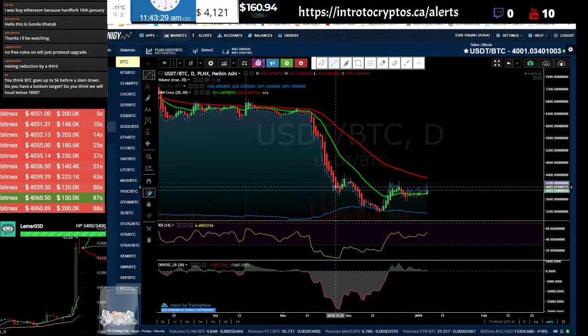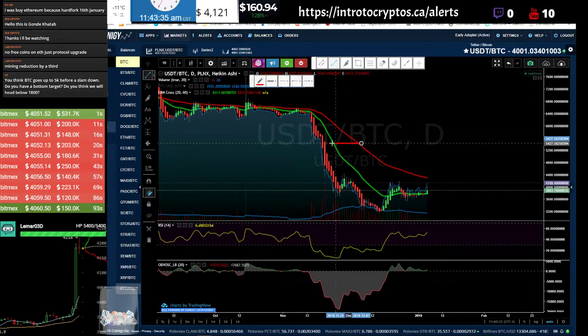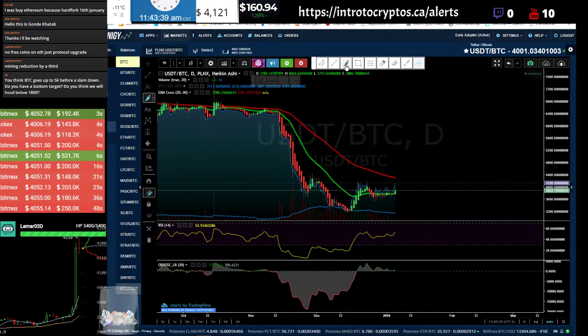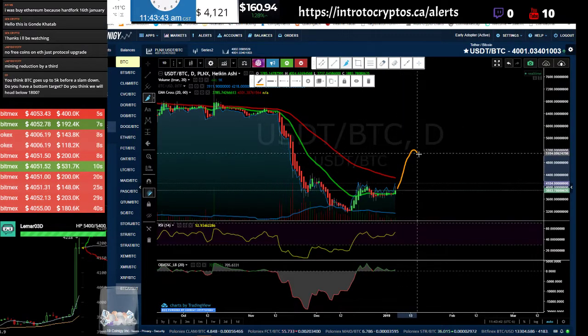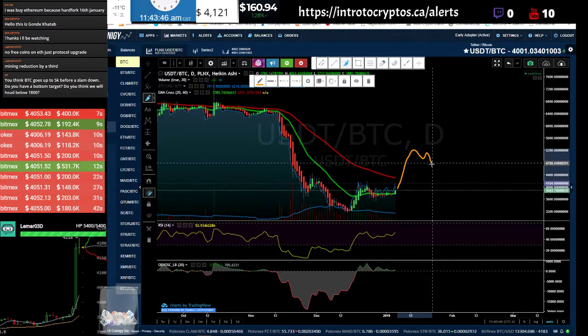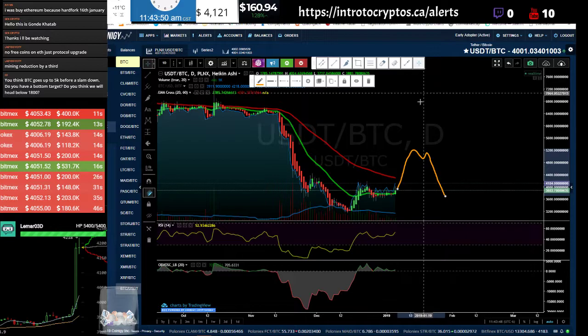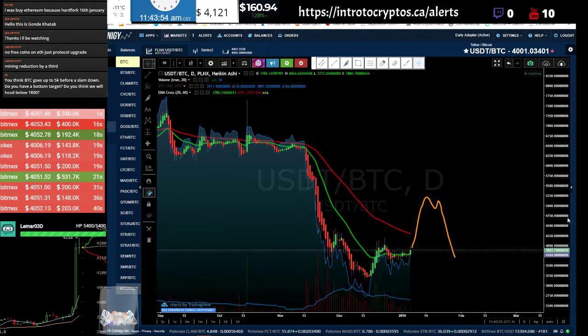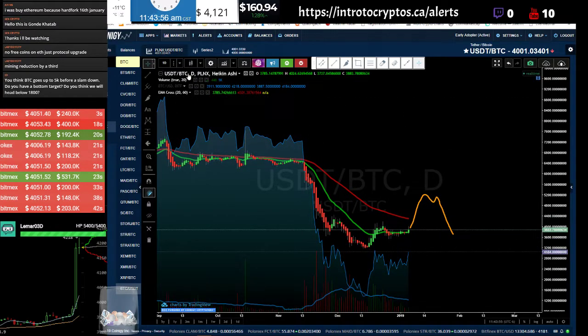So here is Bitcoin, BTC, USDT over on Poloniex. My prediction is that we're going to be coming up to these levels, make a top formation, and then we'll have a significant crush downwards. And let me stretch this and get rid of the background.